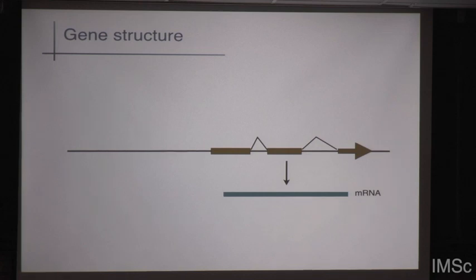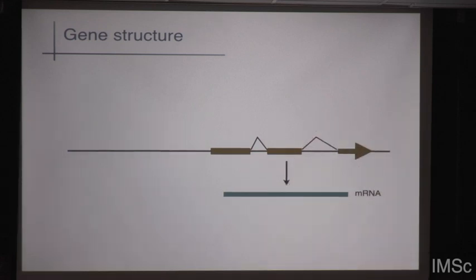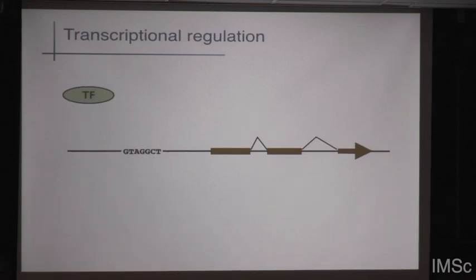So how does this happen? How does the cell know that this gene should be expressed? How does the cell know that this exon, this little piece, should be spliced out or should be there? There are many different signals around the gene, or sometimes far away from the gene, but in close proximity, so the DNA turns around.